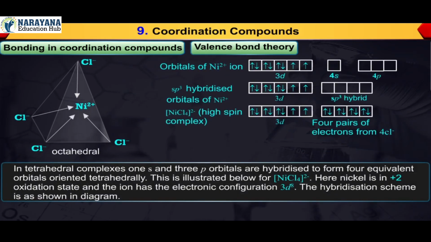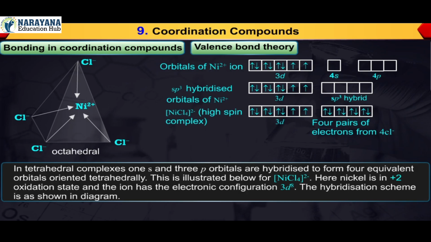In tetrahedral complexes, one s and three p orbitals are hybridized to form four equivalent orbitals oriented tetrahedrally. This is illustrated below for [NiCl4]2-. Here, nickel is in +2 oxidation state and the ion has the electronic configuration 3d8.